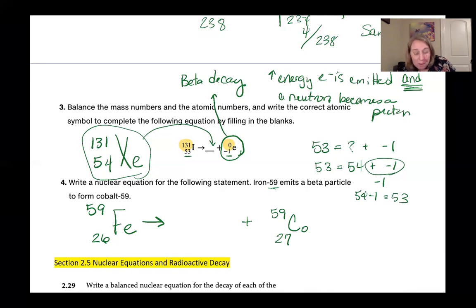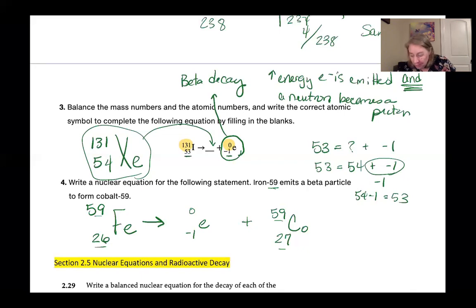If you remember, you can look it up, but sometimes you just get a little stuck. So I know a beta particle is an electron, so I'm going to put an e. If I have 26 protons on this side and 27 on that side, what has to happen? I have to have a -1 there. If I have 59 here and 59 here, I have to have a 0 here because they have to equal.